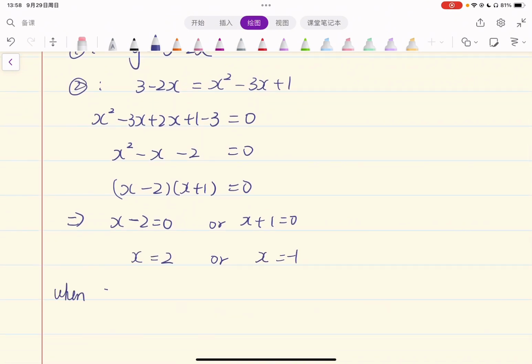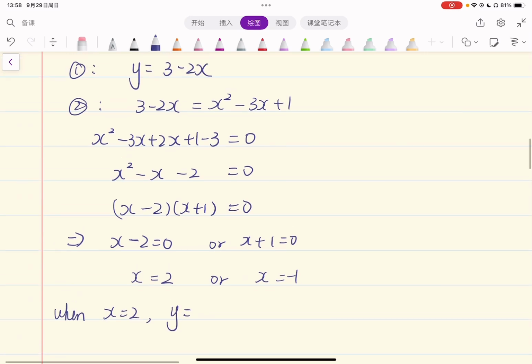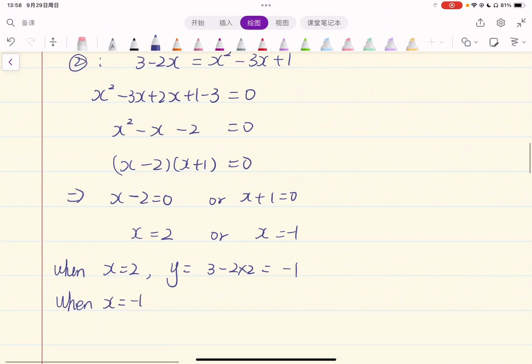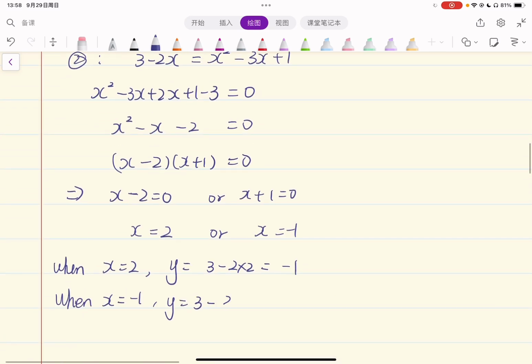When x equals 2, y equals 3 minus 2 times 2, that equals minus 1. And when x equals minus 1, y equals 3 minus 2 times minus 1, that is 5.